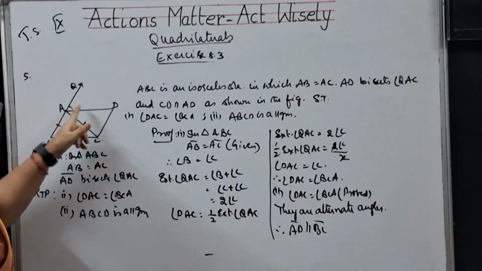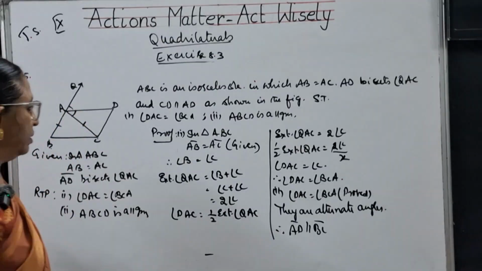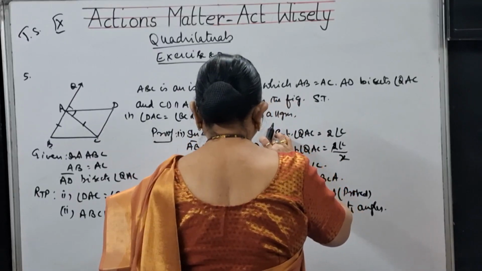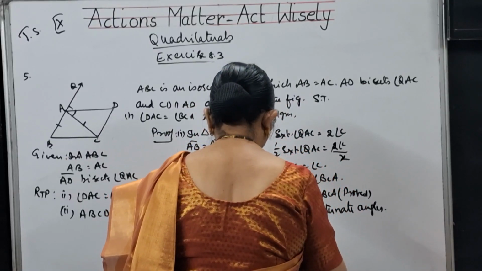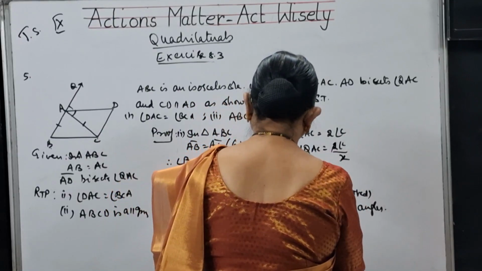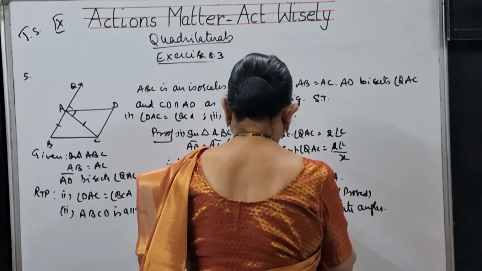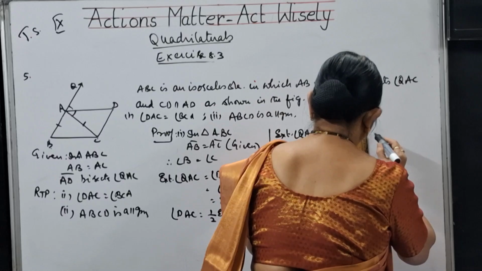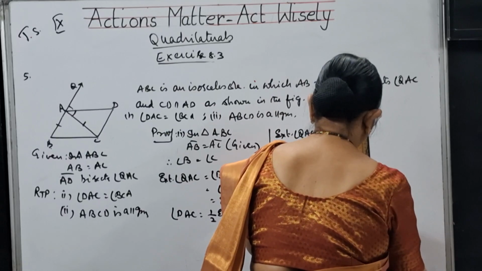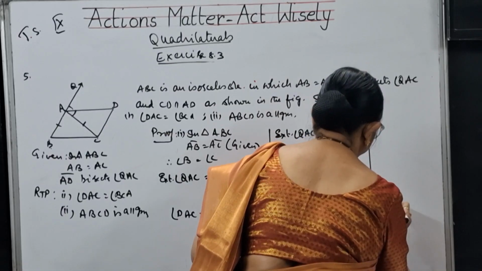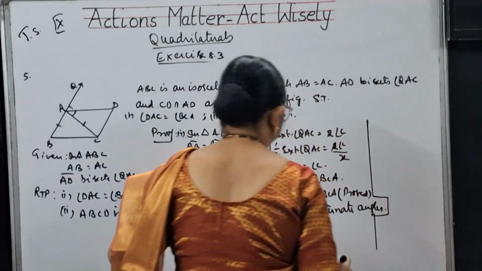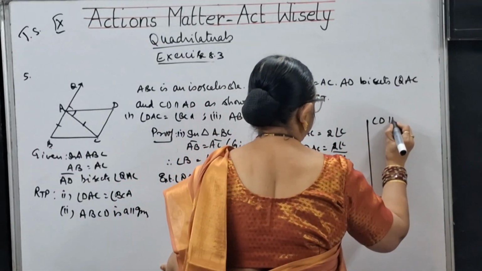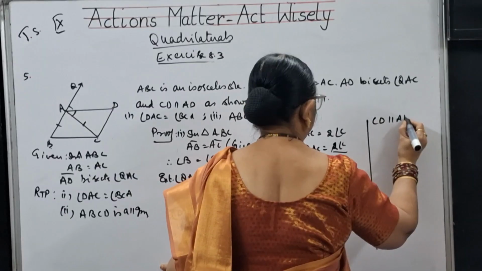When you could prove that AD is parallel to BC, what is given to us? They have given CD is parallel to AB.